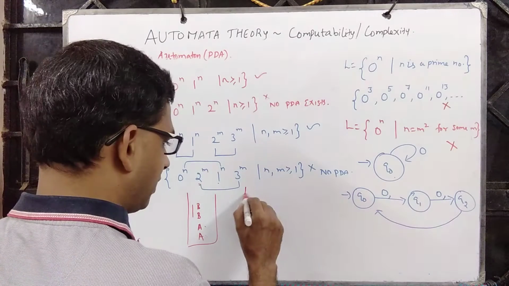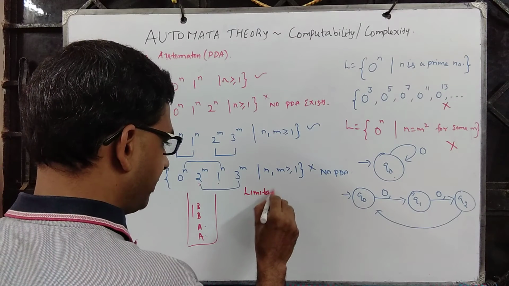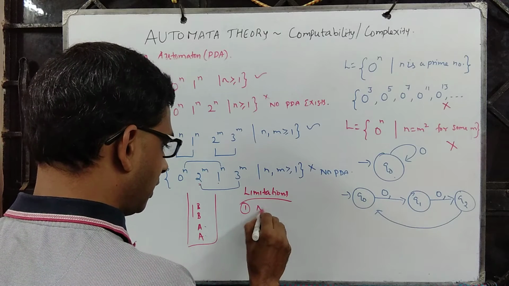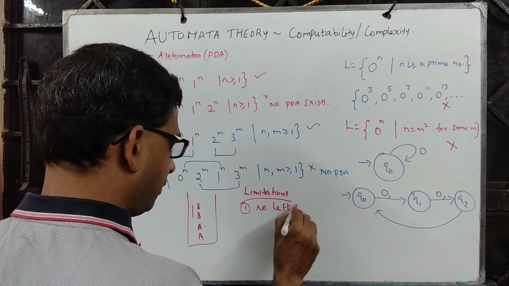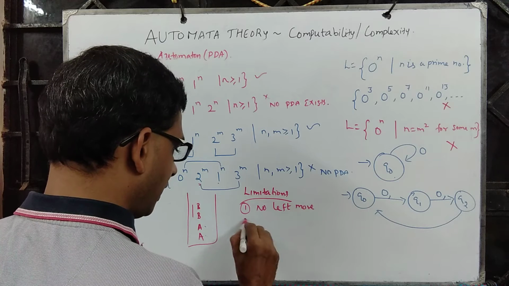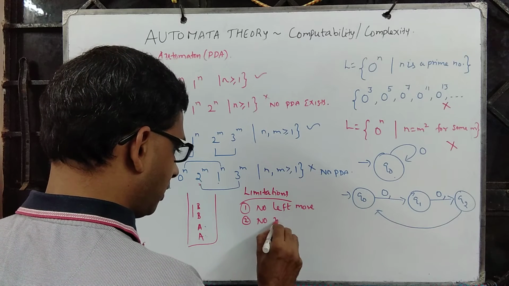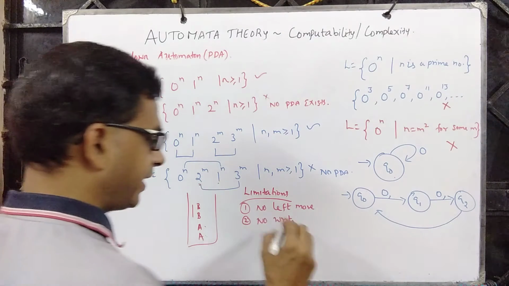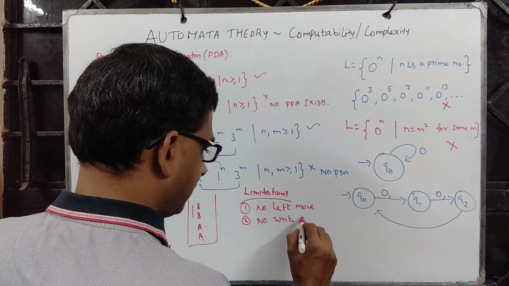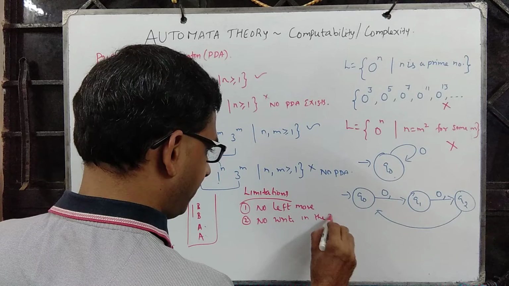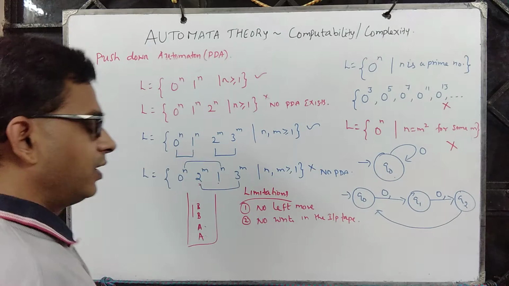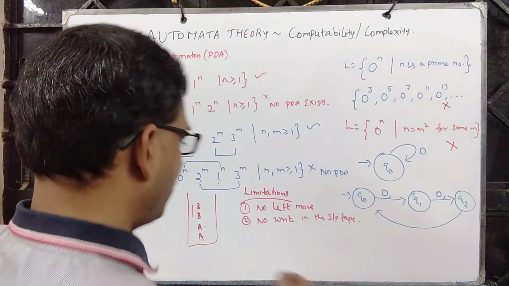So what about its limitations? You see that there is no left move, no write on the tape. We are writing on the stack, but there is no write on the input tape. Fine. And you have exactly one stack.